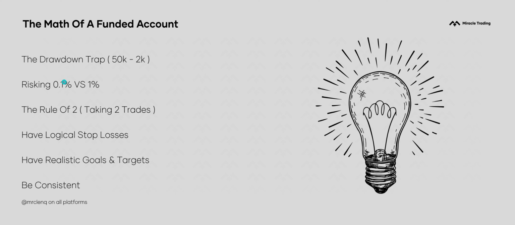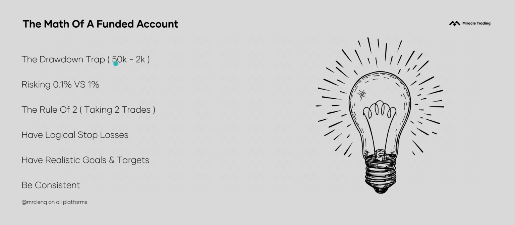So there's now a difference between risking 1% and 0.1%. When you're risking 1%, you're risking 1% of the $50,000 account. So if you're risking $500 per trade, you have four losing trades and you have blown the account.